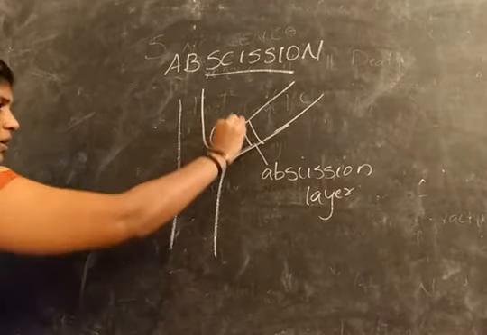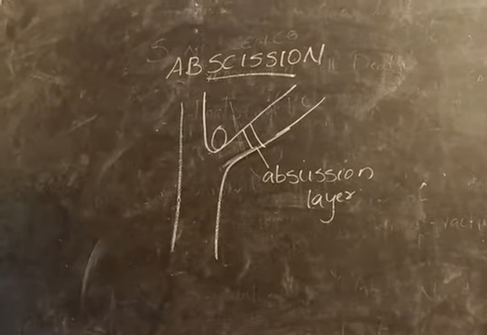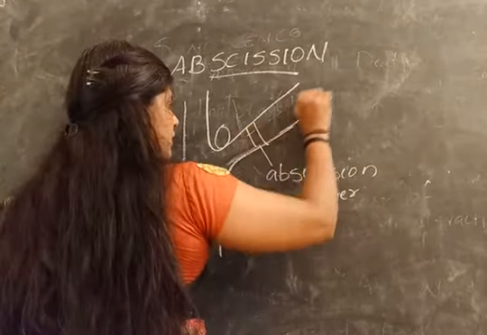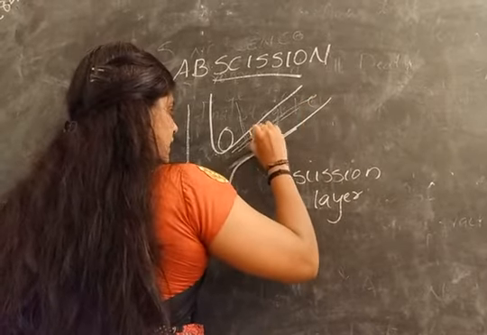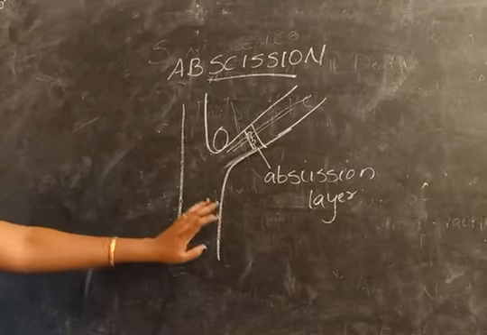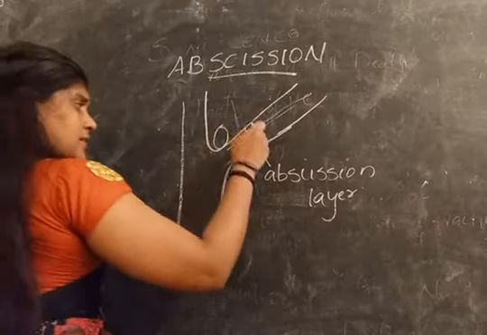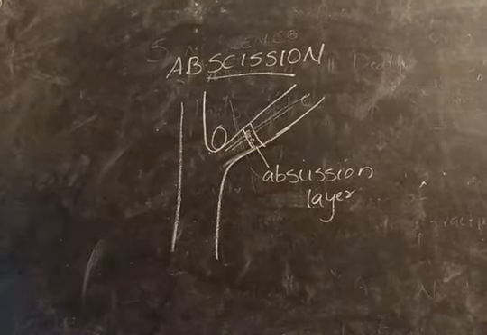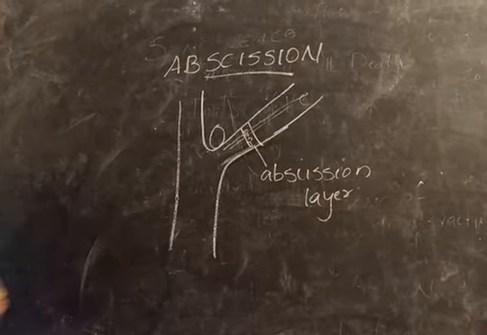Here is what happens in the abscission layer. The cells of the abscission layer separate. The cells may separate due to the dissolution of the middle lamella and primary walls by the activity of two enzymes called pectinase and cellulase.